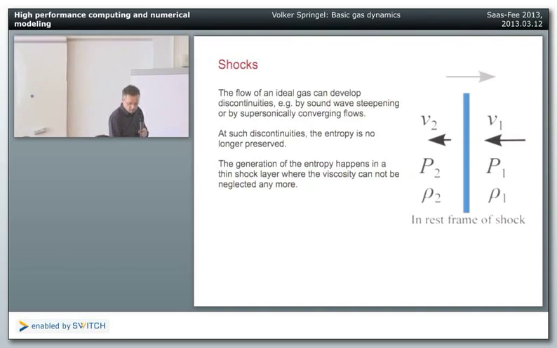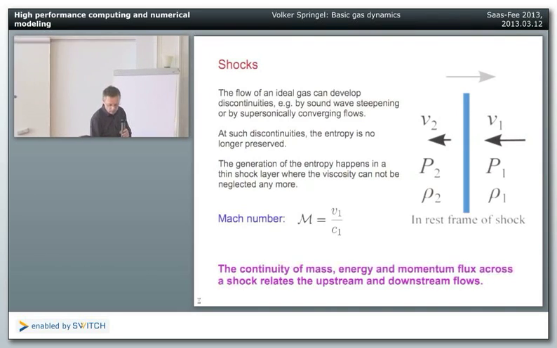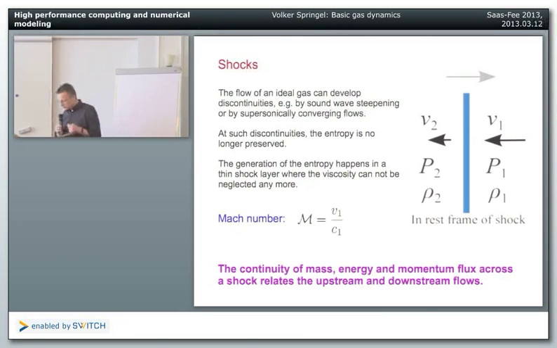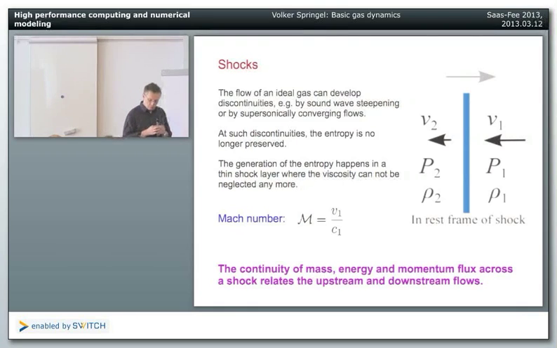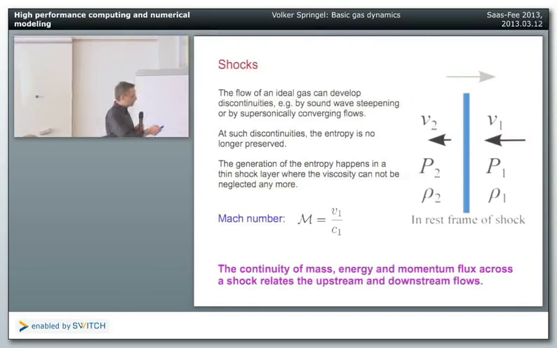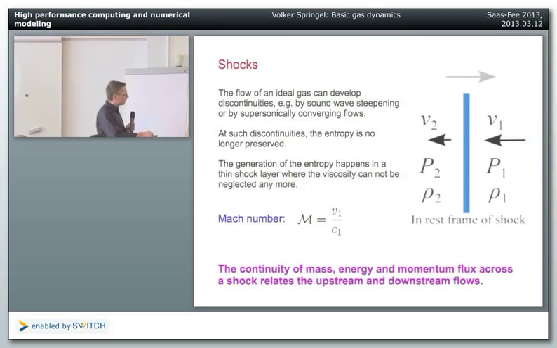You can take the laws of energy, momentum, and mass conservation, and put a little box around this discontinuity and ask yourself, okay, how much mass flux, energy flux, and momentum flux is going in from the right side and comes out on the left side. There this must be continuous.